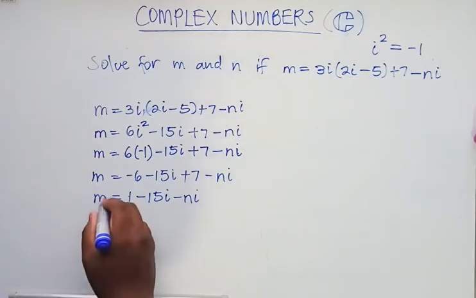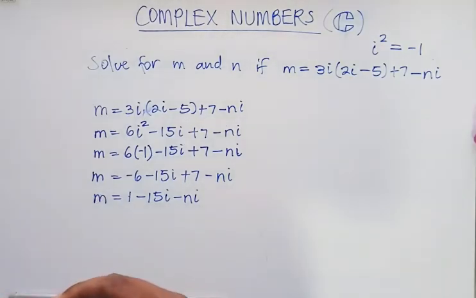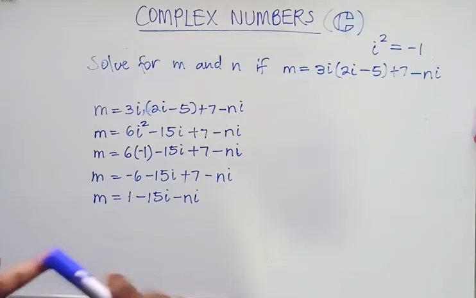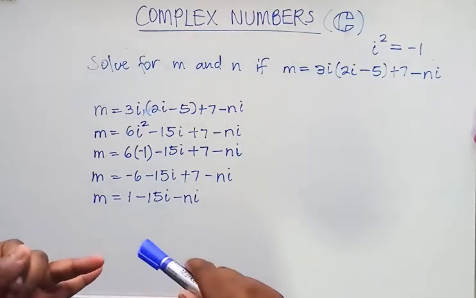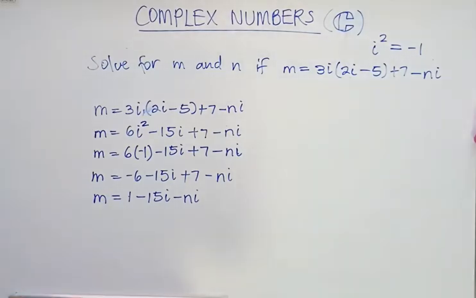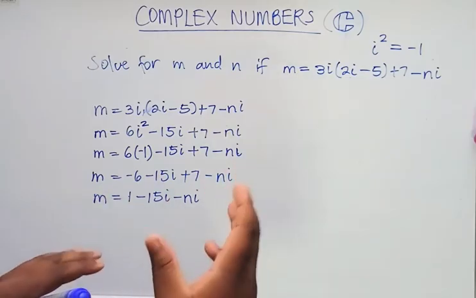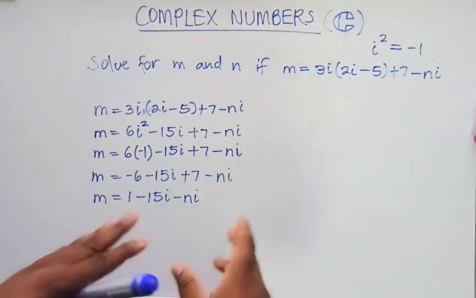We are getting much closer to the answer. The aim is to simplify first, and after simplifying we associate. So solving your complex numbers requires you to first simplify, then associate. What do we mean by association? It means where there are i's, you keep them on one side.